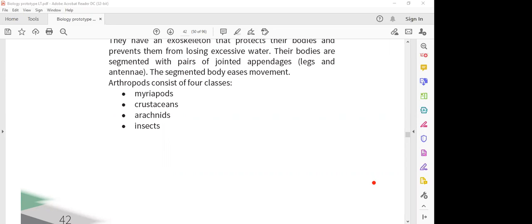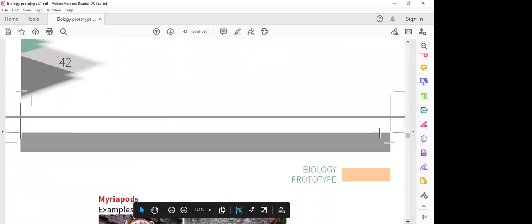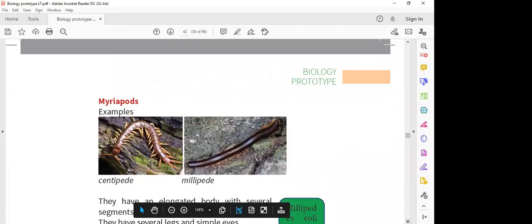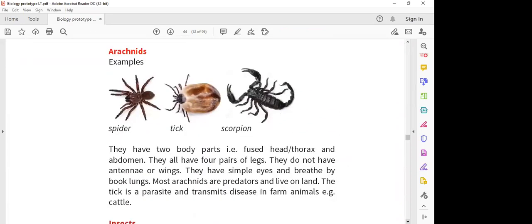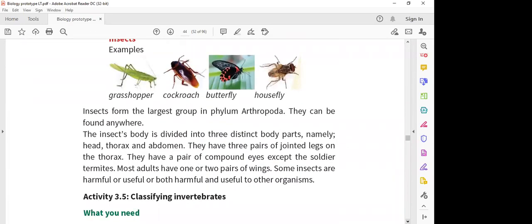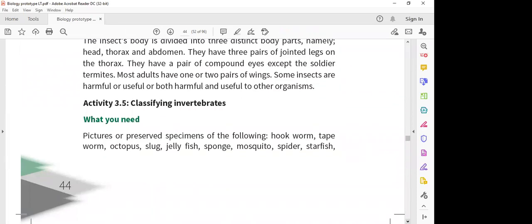We have looked at those groups, but now we have an activity that you need to do. Previously, I have not been going through the activities because time would get us, and we just have a few minutes. The activity is classifying invertebrates.